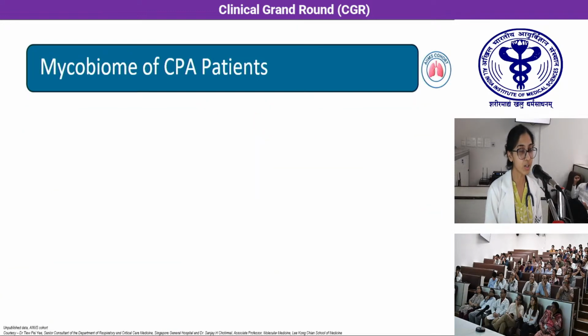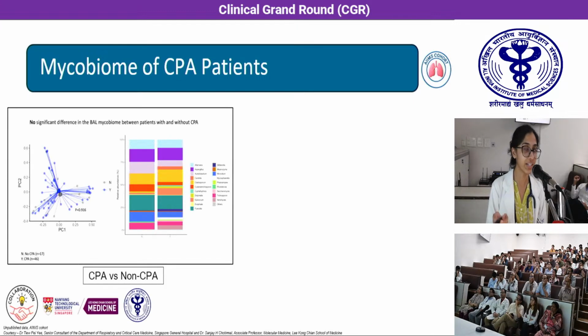Lastly, coming to an entity which is not traditionally considered a risk factor for CPA: the study of the microbiome of CPA patients versus non-CPA patients in our cohort yielded some very surprising results. Traditionally, we might believe that CPA versus non-CPA patients would have a different microbiome, with Aspergillus species predominating in the CPA population. However, we can see that this is mostly similar.